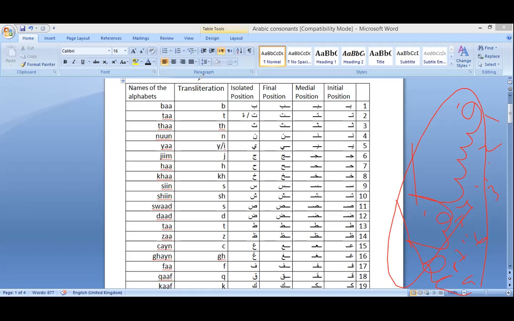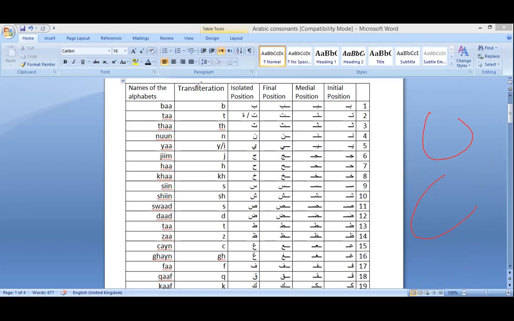So when we're talking about an isolated letter, it means a letter is just alone. It is not connected to any other letter before or after it. And in most cases, when a letter is in that position, it's either turned up or turned down.